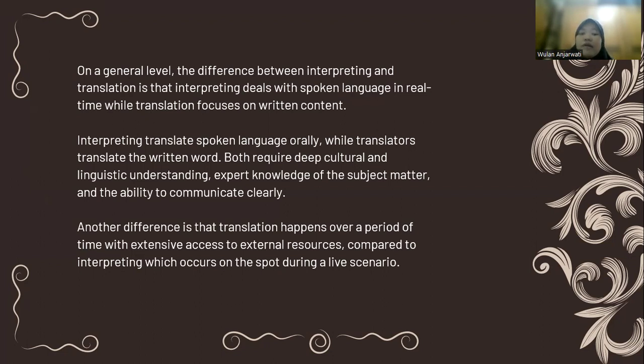Both require deep cultural and linguistic understanding, expert knowledge of the subject matter, and the ability to communicate clearly. Another difference is that translation happens over a period of time with extensive access to external resources, compared to interpreting, which occurs on the spot during a live scenario.